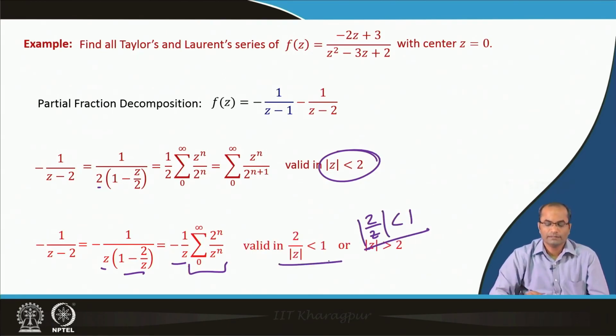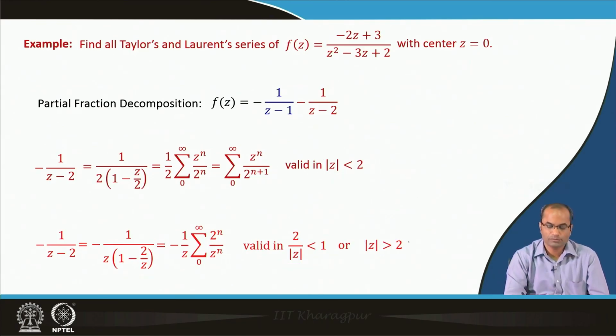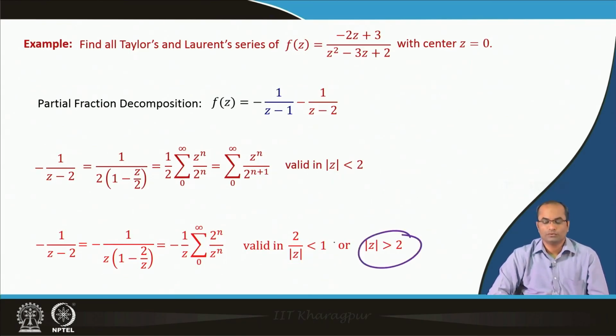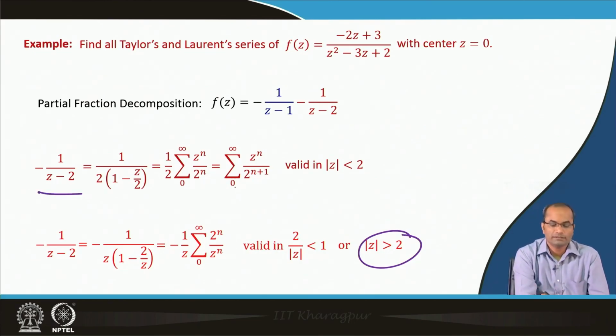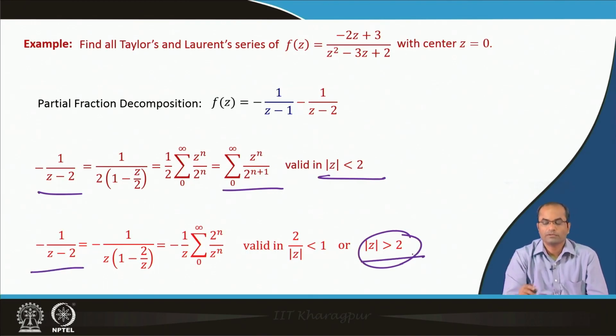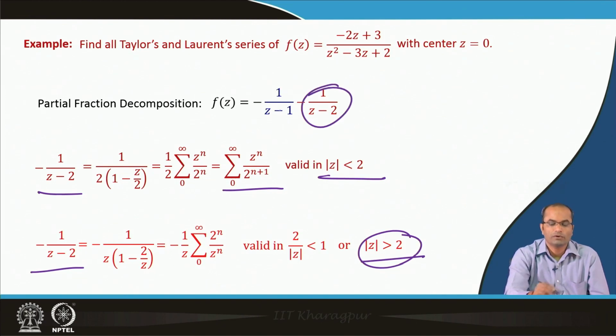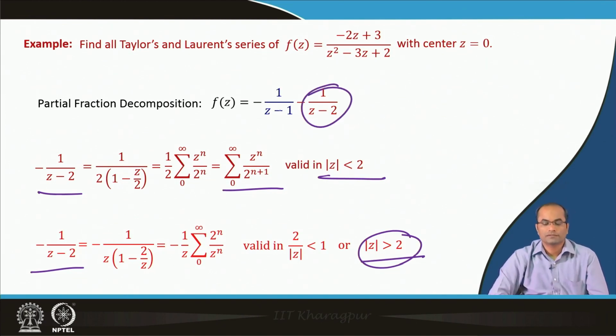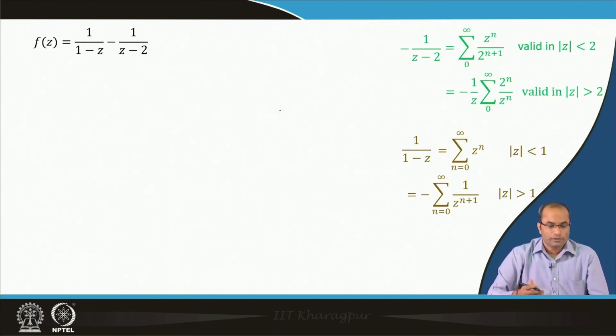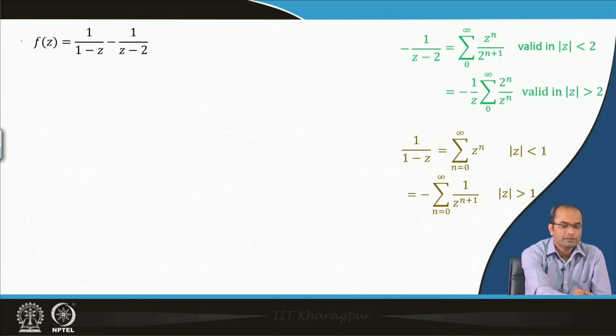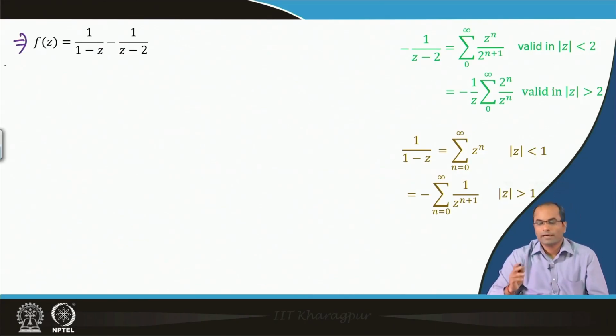So the validity for this expansion is going to be mod z greater than 2. We have seen these two expansions: one is valid for mod z less than 2, another one is valid for mod z greater than 2. We have all possible expansions for one of these terms in the partial fractions.